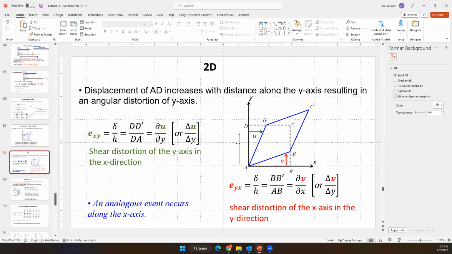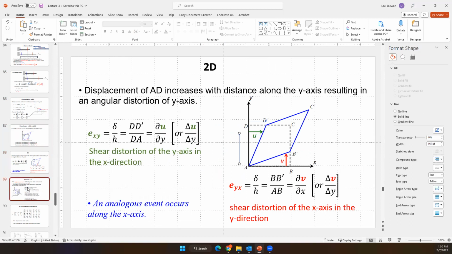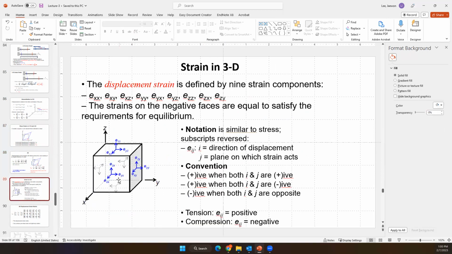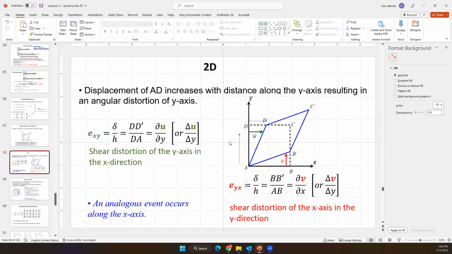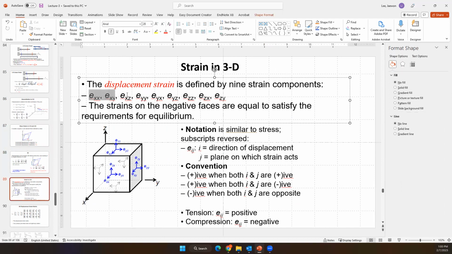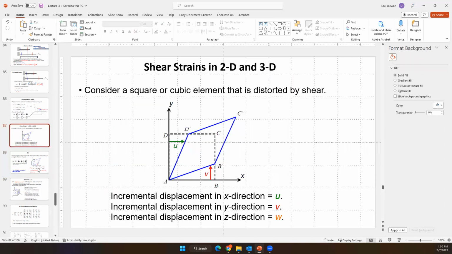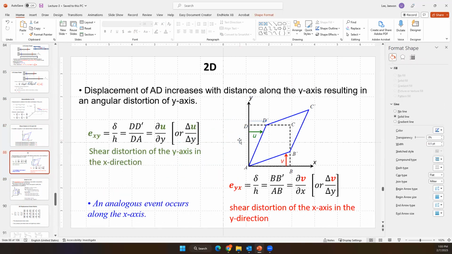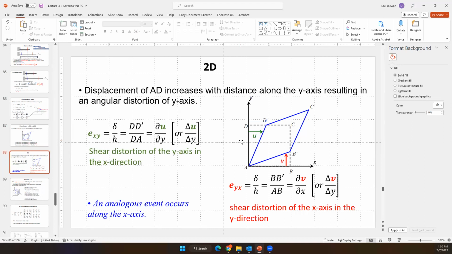Okay, let me explain this one again. This part later. This is the direction for how to define the negative and positive value of the displacement strength. Just don't think about this in this step.